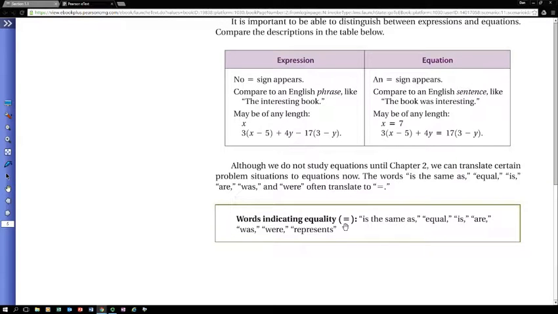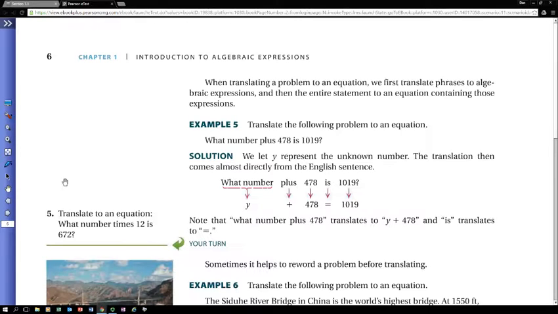Words indicating equality are equal, is the same as, is, are, was, were, represents, some of the words that are used to do that, not all of them. So when we're going to translate a problem to an equation, we first translate the phrases to algebraic expressions, and then the entire statement to an equation containing those expressions.